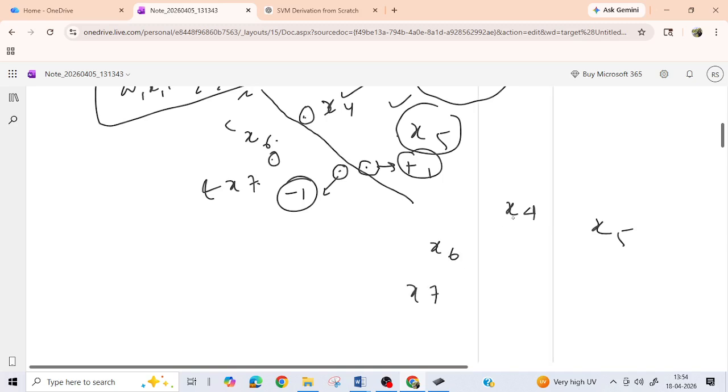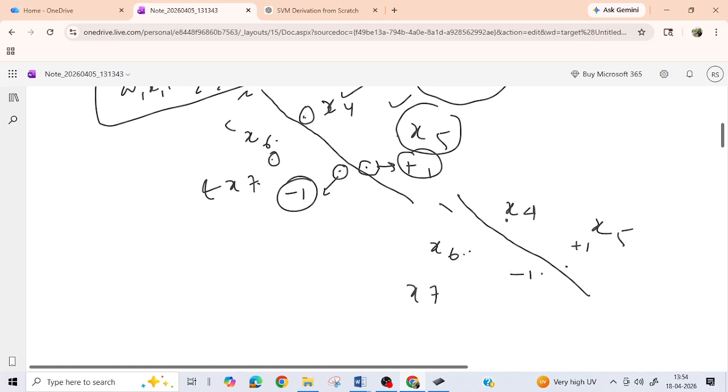Just to recapitulate, if the decision boundary is somewhere close to this x4 point and a bit distant from x6, and earlier there was a point like this, it would have classified it as greater than 0. Then if the point moved due to some corruption, over here, it would have become minus. It was +1 over here, then it would become -1 over here. So this is not so robust.